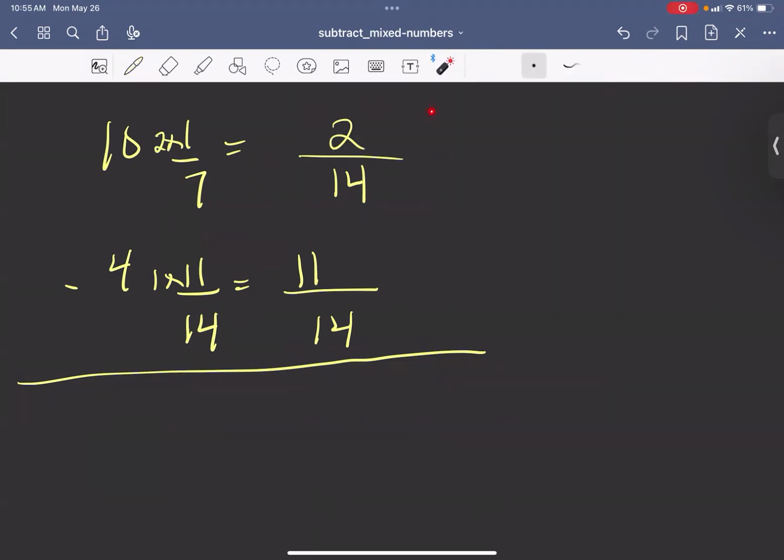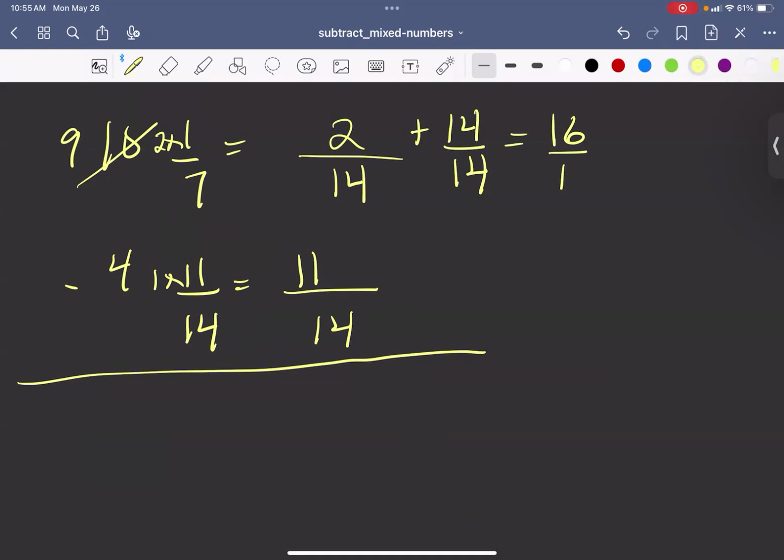We have the same dilemma. So what do we need to do? We need to borrow one whole from the 10. The 10 becomes a 9. I'm going to add 14 over 14, which is one whole, just the same whole we borrowed. We renamed it 14 over 14, and then add it. So we get 16 over 14.